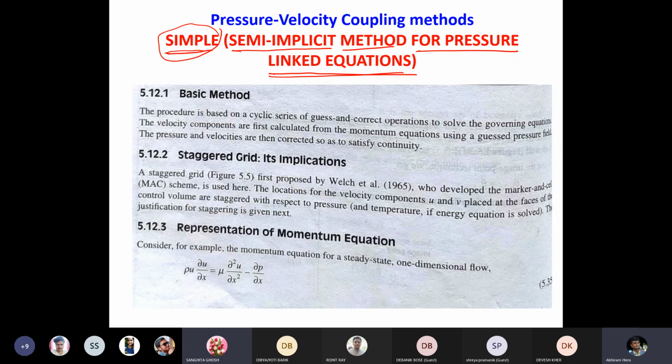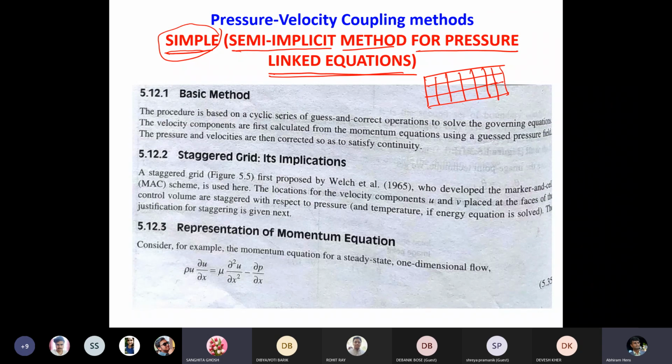So what is the basic method? The basic method is a cyclic series of guess and correct operations. That means you first take a guess value and then try to correct it. Let me draw a computational domain where we are interested in solving the fluid flow. Let's say this is the domain.